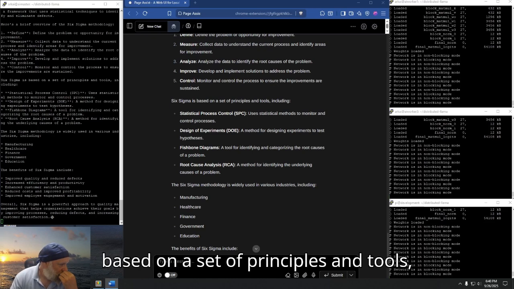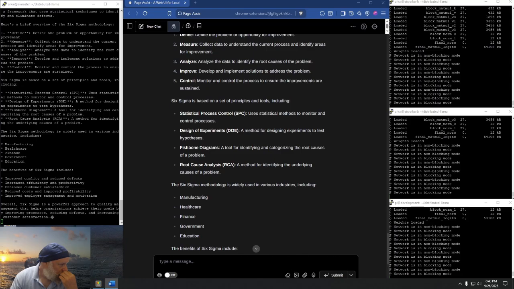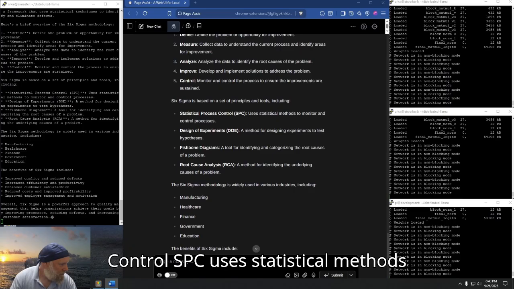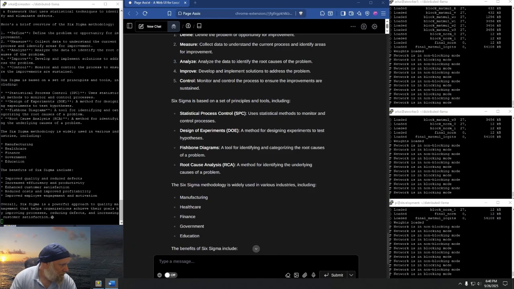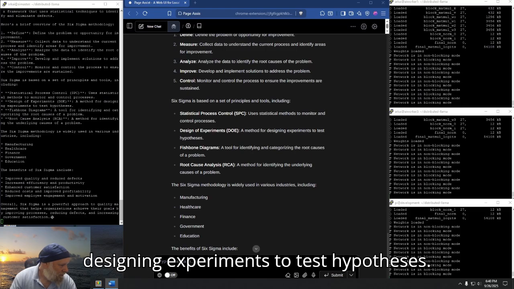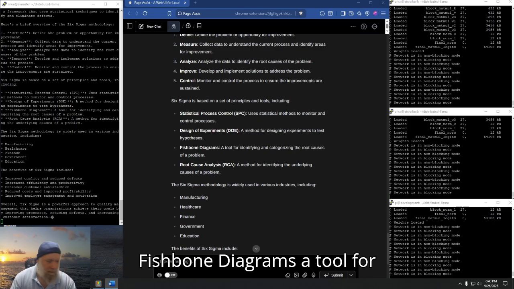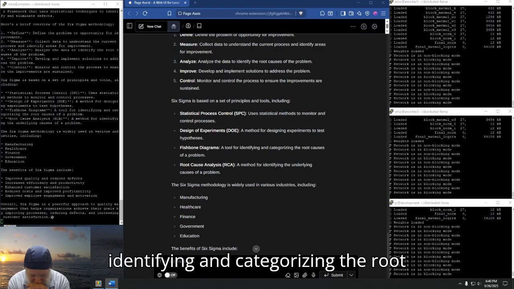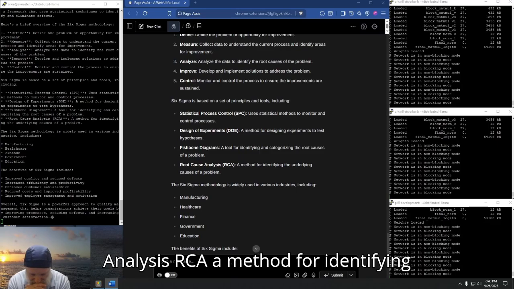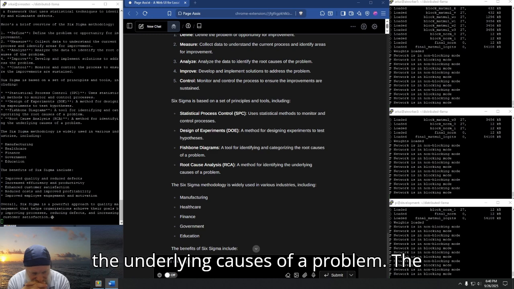Six Sigma is based on a set of principles and tools, including Statistical Process Control, SPC, which uses statistical methods to monitor and control processes. Design of experiments, DOE, a method for designing experiments to test hypotheses. Fishbone diagrams, a tool for identifying and categorizing the root causes of a problem. Root cause analysis, RCA, a method for identifying the underlying causes of a problem.